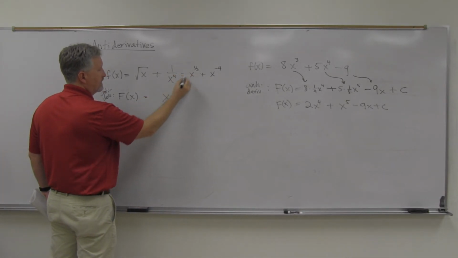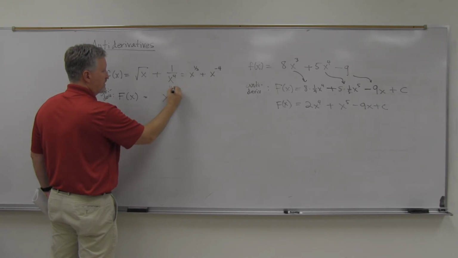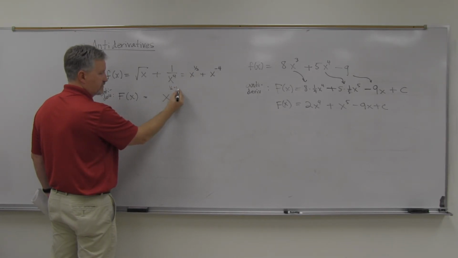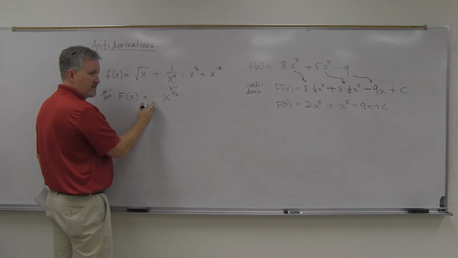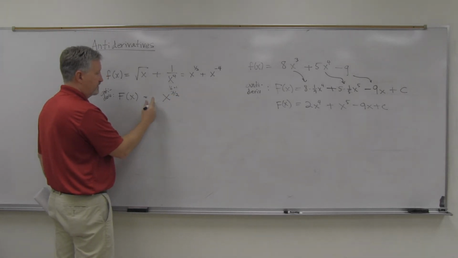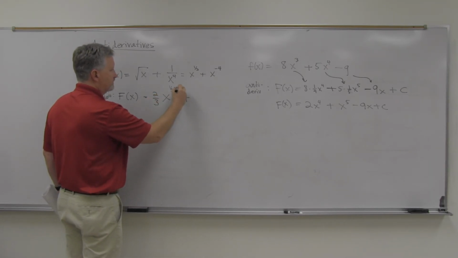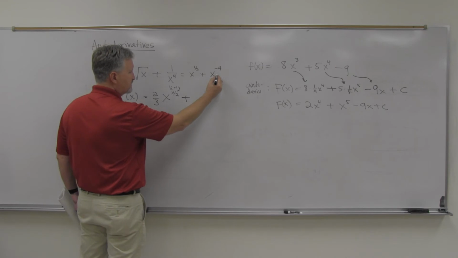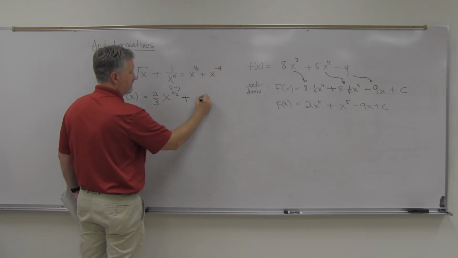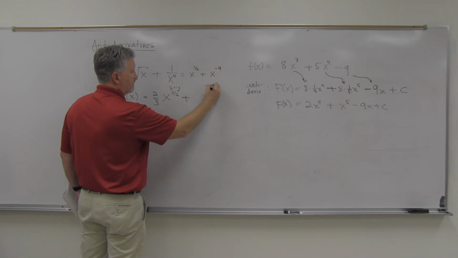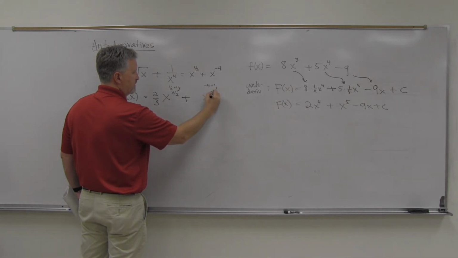So x, the new power would be 1/2 plus 1, so that's 1/2 plus 2 over 2, that's 3/2. And we talked about that. I divide by 3/2, but that's just going to mean the reciprocal up here, so it'll be 2/3 next to x to the 3/2. And then the next one would be x to the negative 4, so the new power would be negative 4 plus 1, so that's negative 3.